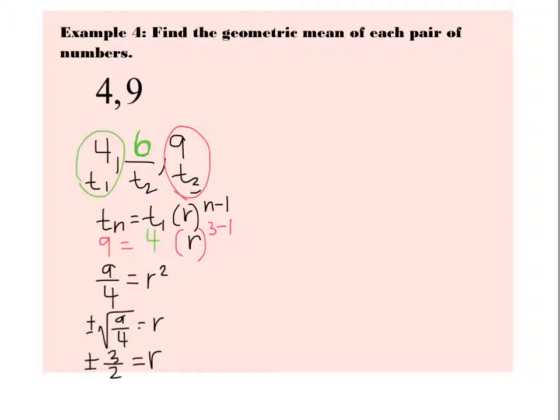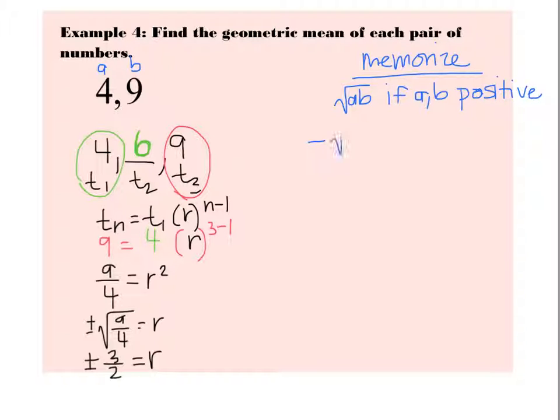Now, there is a shortcut to this that you can memorize. Let's call these 4 and 9 A and B. You can memorize that the geometric mean will always be the square root of A times B if A and B are positive. In this case, they were.